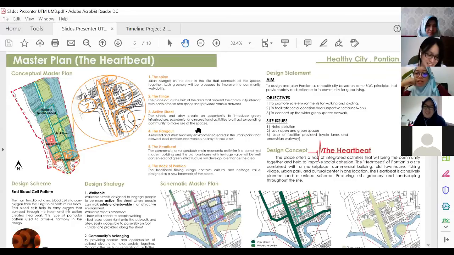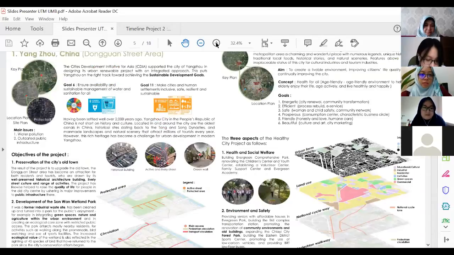Oh yeah, sure. My aim is to design a plan of Pontian as a healthy city based on some SDG principles that provide safety and resilience to its community for good living. The SDG principles I wish to achieve are mainly focused on goal 11. If you look at the first page, I took the precedent study as an example, which is to make the city and the human settlement inclusive, safe, resilient, and sustainable.